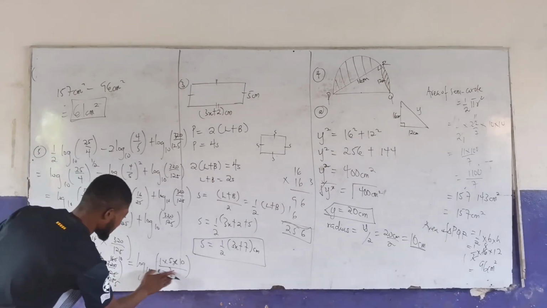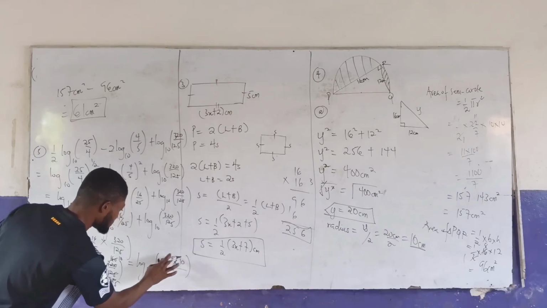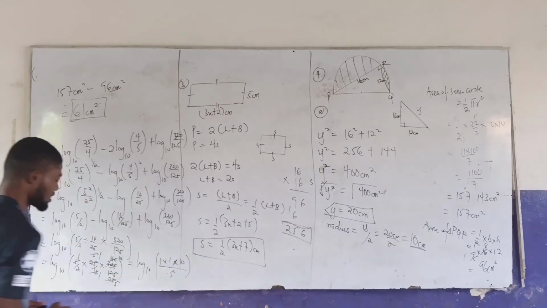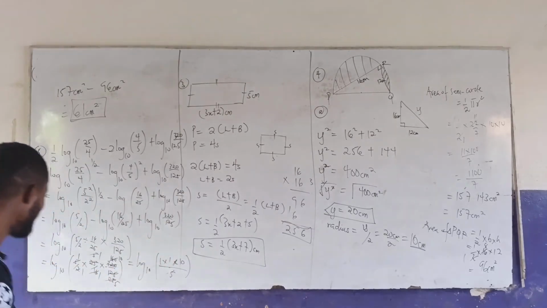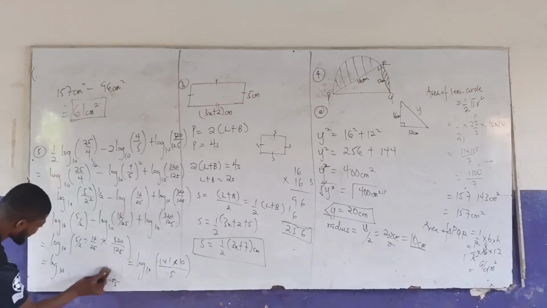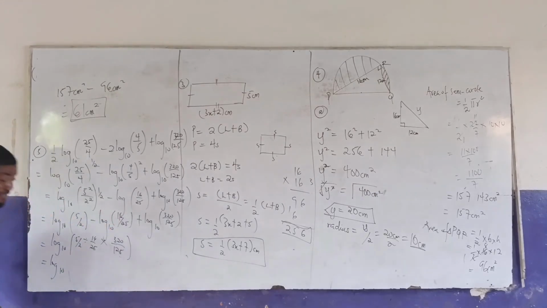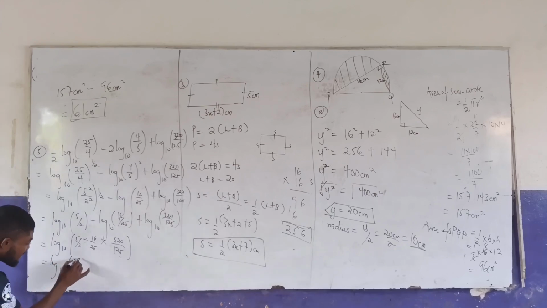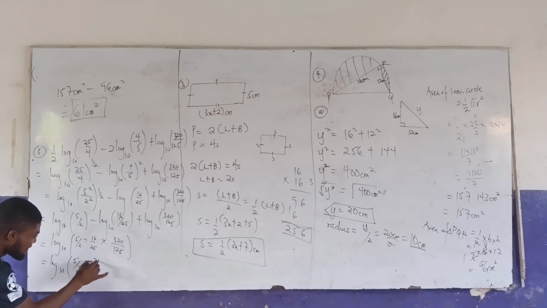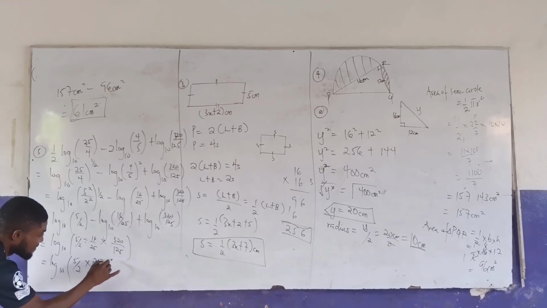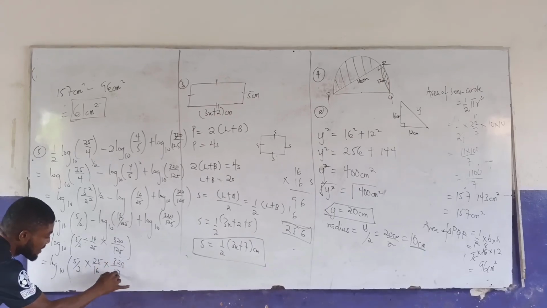So that the 5 would come down here. I'm getting myself confused, so sorry. It is all part of the business. Let me take it again. So 5 on 2 times 25 on 16 times 320 on 125.